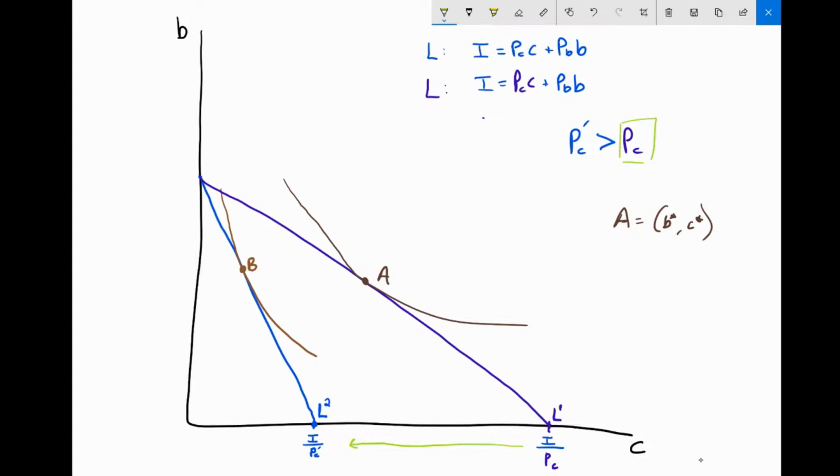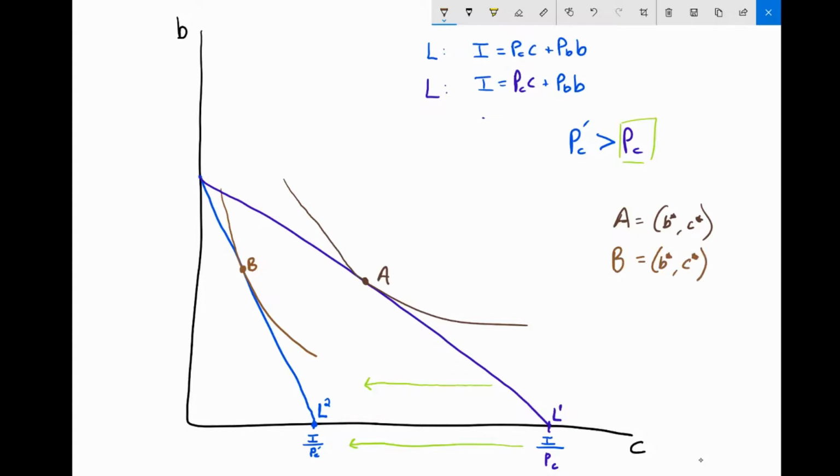Okay, so the price of coffee goes up. When the price of coffee goes up, the budget line rotates inwards because now they can afford fewer cups of coffee, because each cup of coffee that they consume costs more. They will choose a bundle, B, that lies on an indifference curve closer to the origin, which means lower utility.